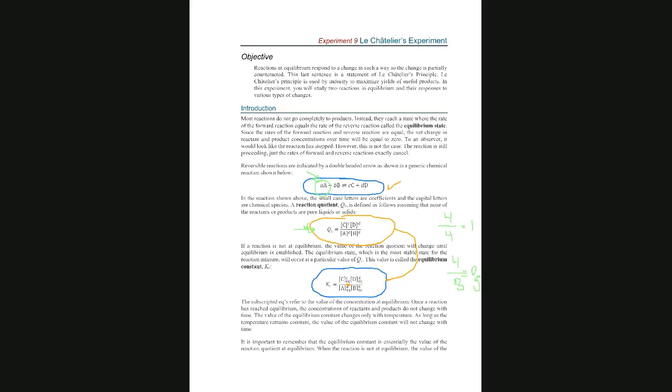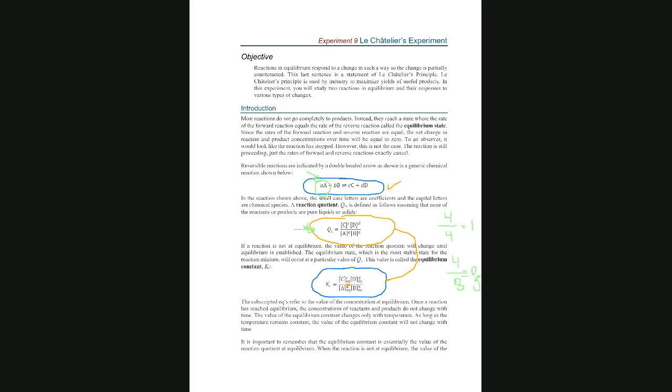And then we can predict in which direction the reaction is going to move. When QC is smaller than the equilibrium constant, Le Chatelier said that the system tends to be at equilibrium.